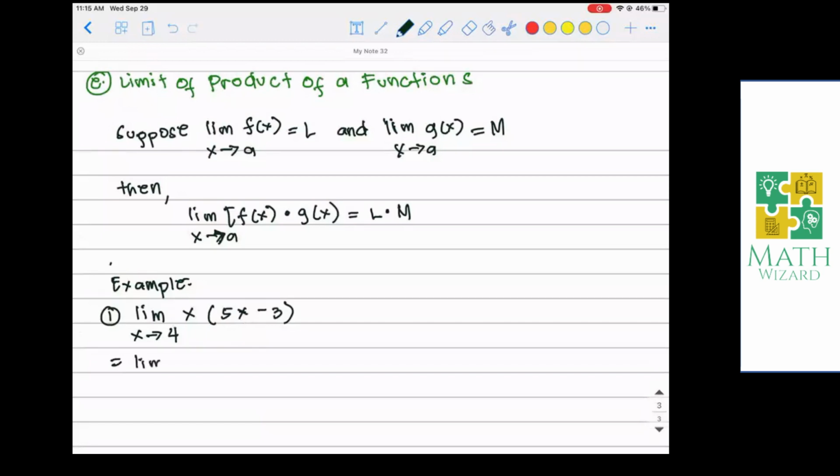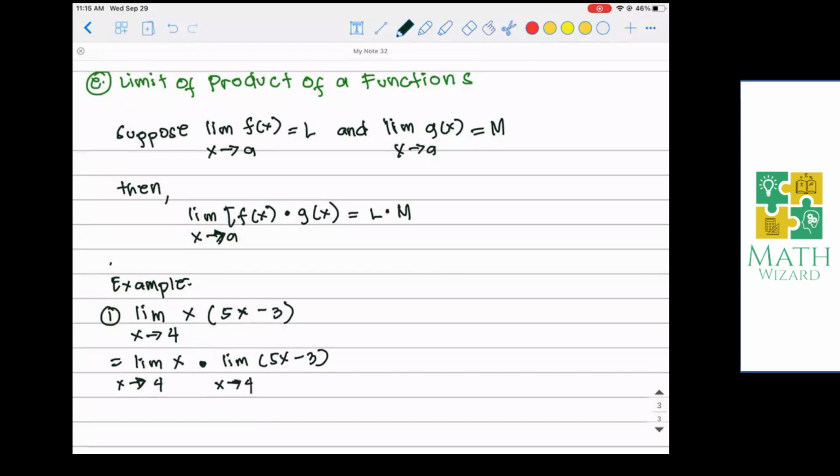The limit of x as x approaches to 4, multiply to limit of 5x minus 3 as x approaches to 4. Siniparit ko lang muna sila as x approaches to 4.